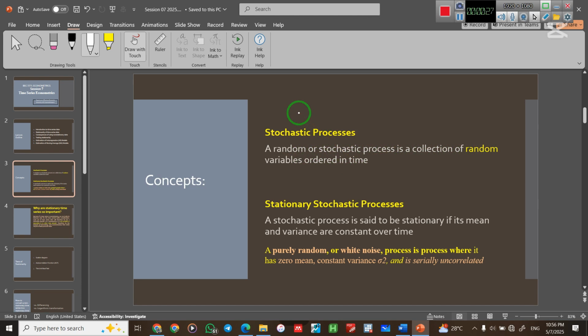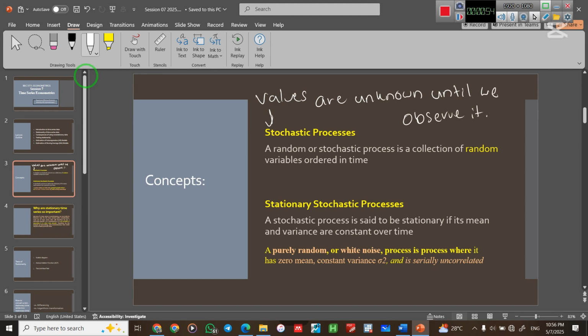Simply, we can say a stochastic process collects data related to variables, and the values of those data are unknown until we observe them, right?